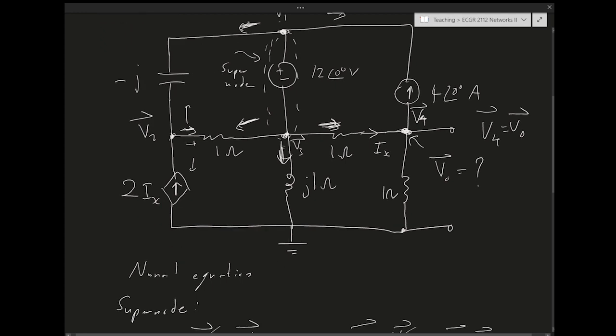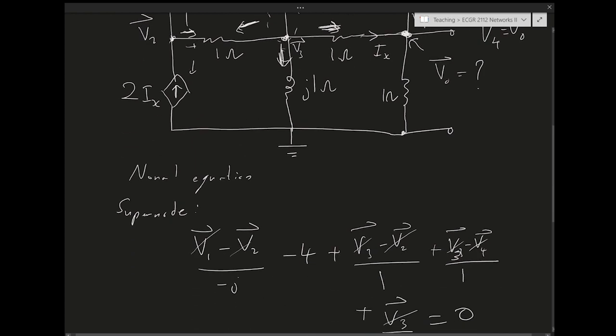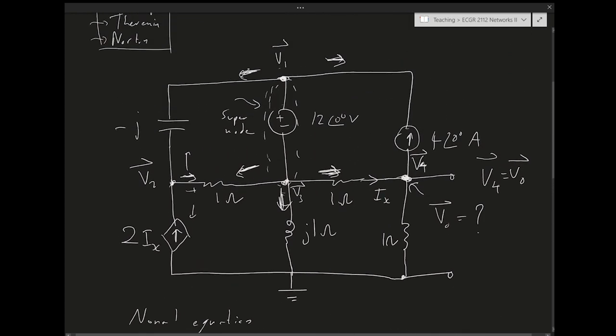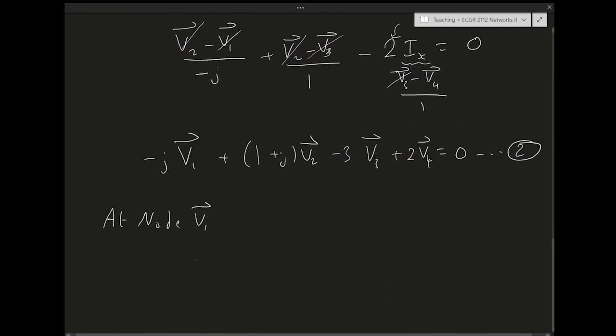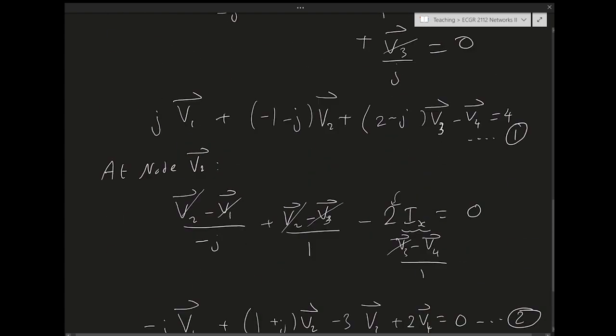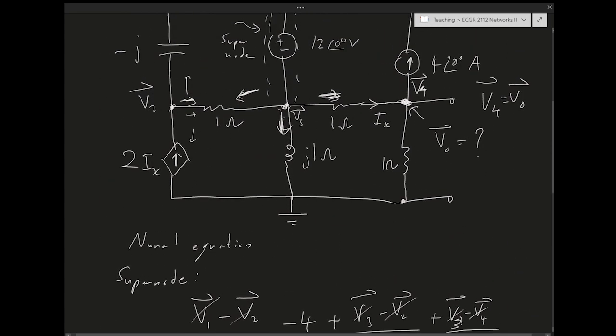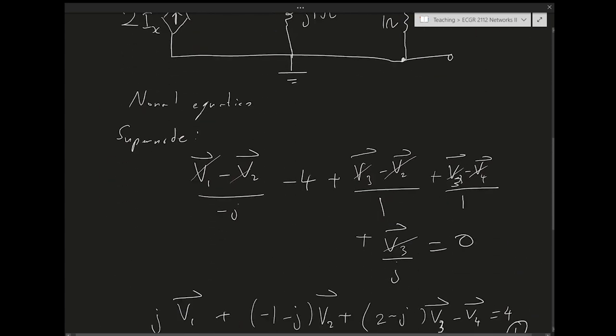First, forget about V4 minus V1. We have a current source, so we have 4 amps going out of it. That's easy, that's the first current. The second current is V4 minus V3 over 1.